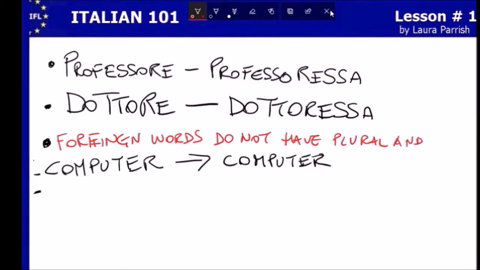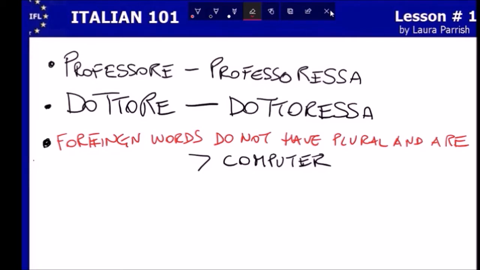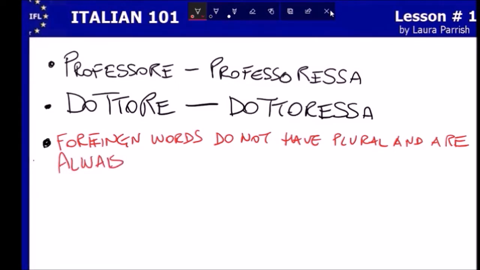and are always masculine. Okay, that's why the word in Italian cinema is masculine, because it's from the French cinema.